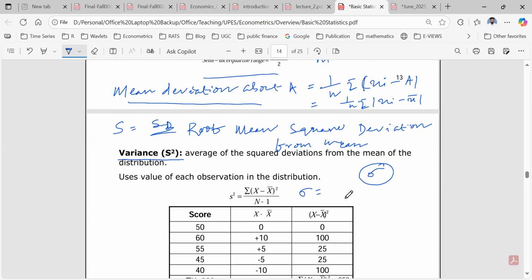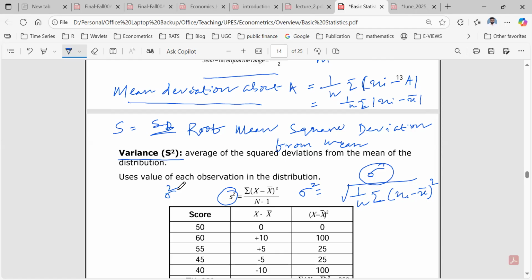It will be root, already we have defined, 1 upon n summation xi minus x bar whole square. This is standard deviation. If we square it, this will be known as S square, that is variance, or you can write sigma square.